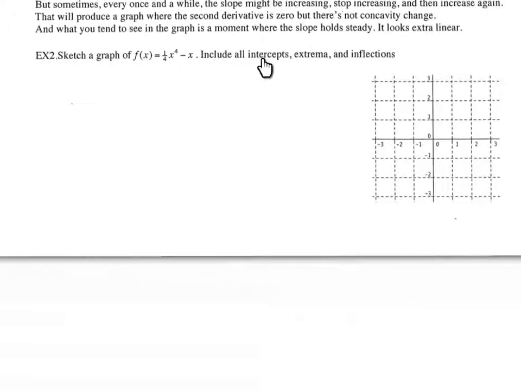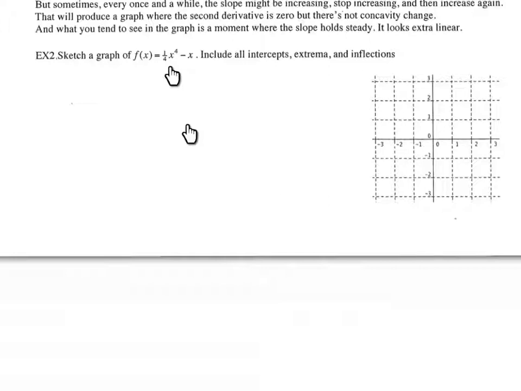So we get the intercept by looking at the function itself. If we plug in 0 for x, we end up getting 0.